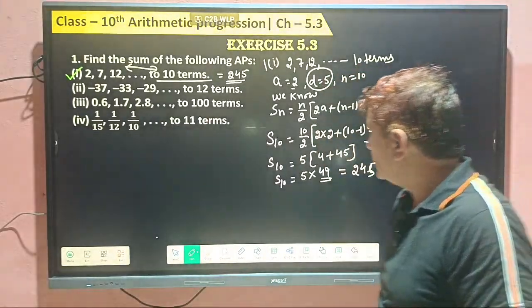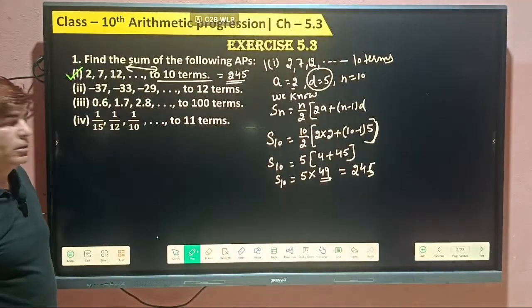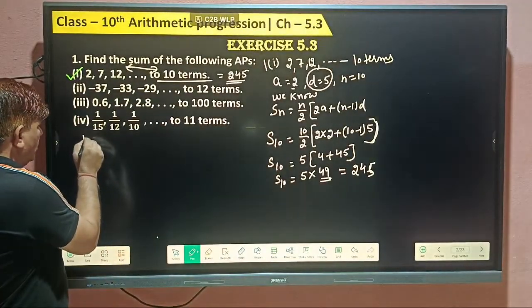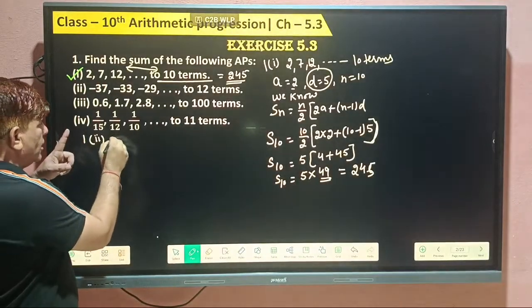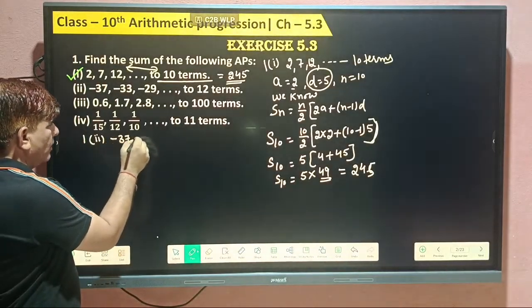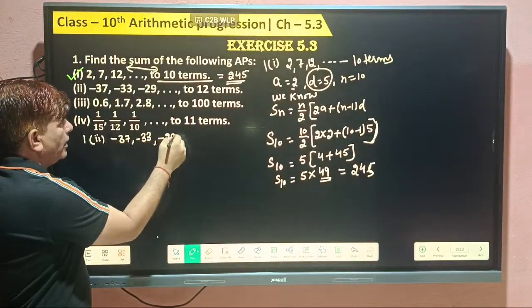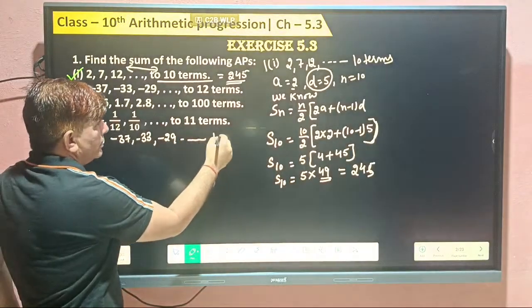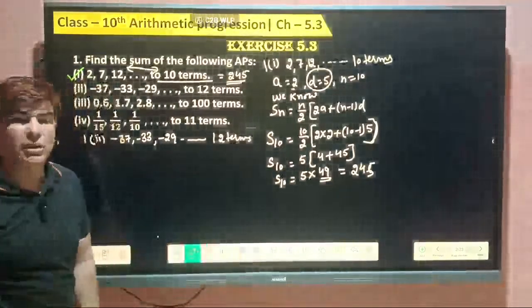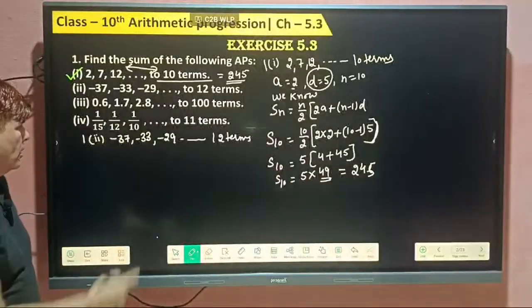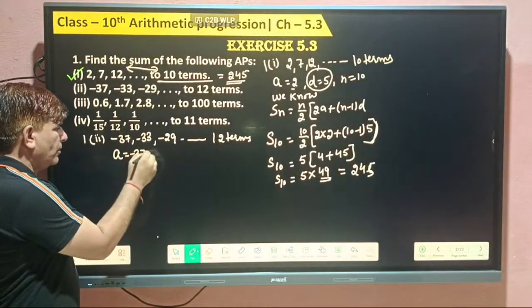Simple. Second part: the AP is minus 37, minus 33, minus 29, and so on. How many terms? 12 terms. Same process. What is a here? a equals minus 37.